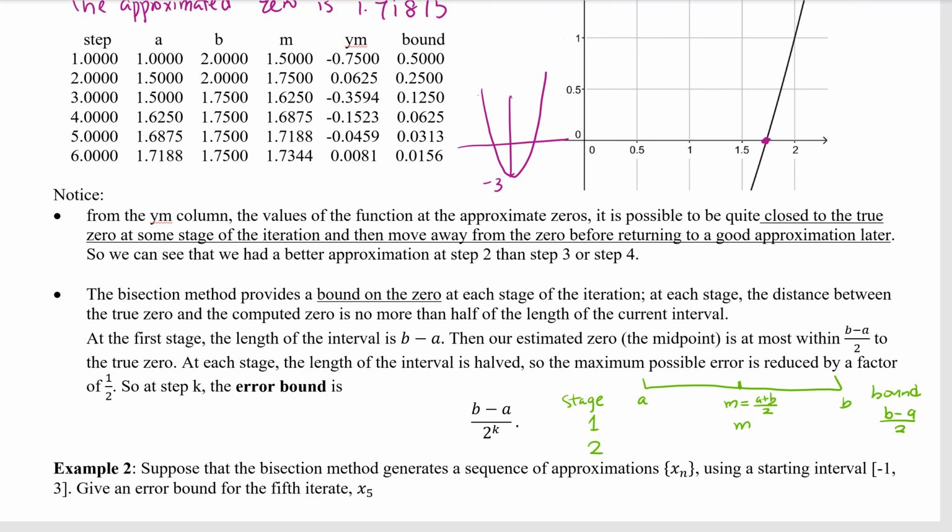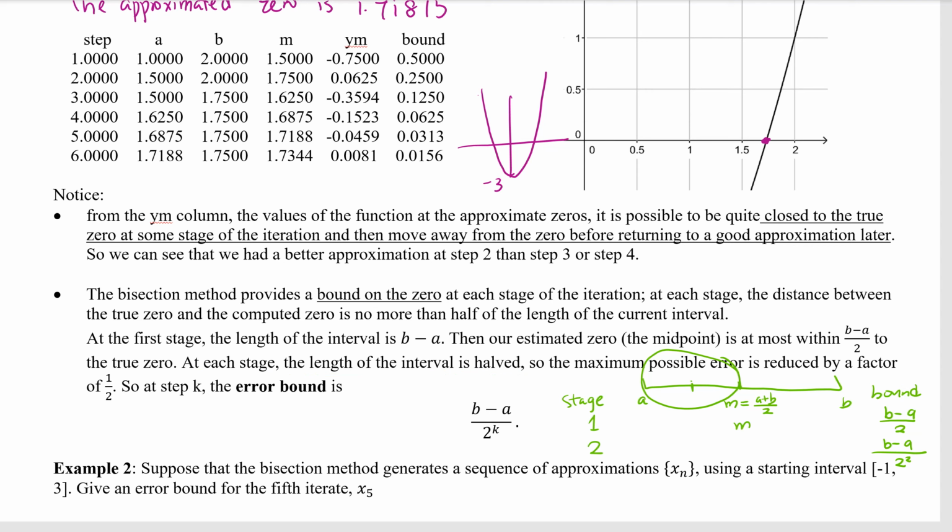How about the next stage? At the second stage, because we cut it into half, let's say we pick this interval and cut it in half again, then the bound will be (b minus a) over 2 squared. So at each stage, the length of the interval is halved, and the maximum possible error is reduced by a factor of 1/2.